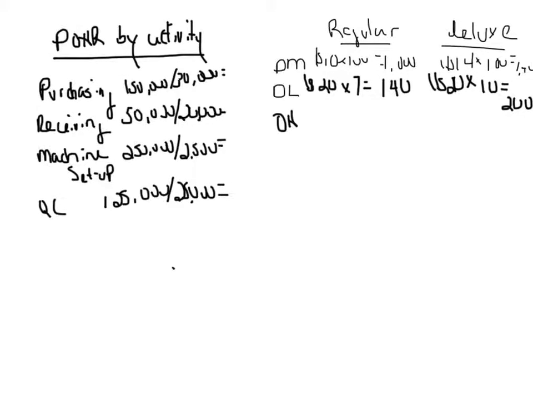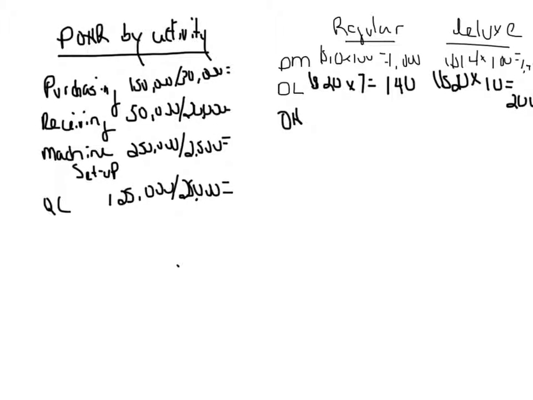So $5, $5. And then the next is 100. Receiving, 2.5 you said, right? Yeah. The next one is 100. You're just one ahead.